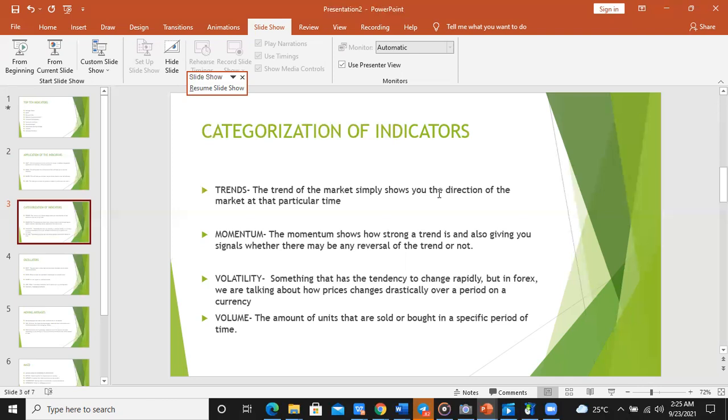Then volume, the amount of units that are sold or bought in a specific period of time. This one, the Forex traders make good use of, because they calculate their profits in pips and lot size and all those things. All right, let's move on.